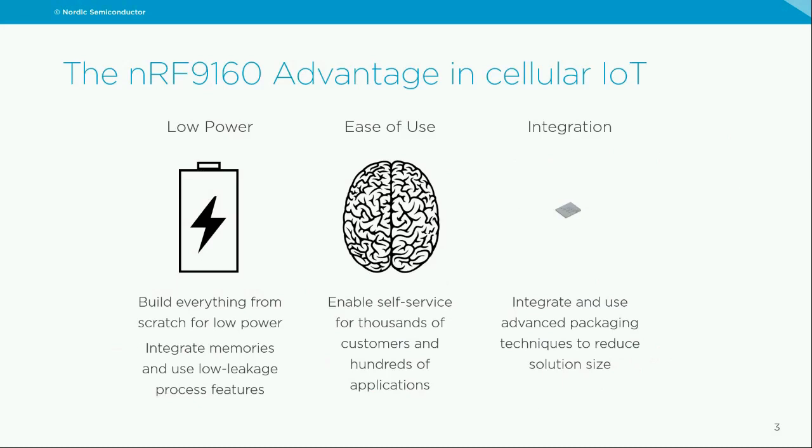First of all, we wanted to create the lowest power LTE-M and narrowband IoT chipset out there, since almost all Cellular IoT devices are battery powered, and power consumption is really key to realize a lot of the promised small Cellular IoT applications that need to operate for many years in the field without the need for changing or replacing the batteries. We did this by building everything from scratch with this low power target in mind from day one.